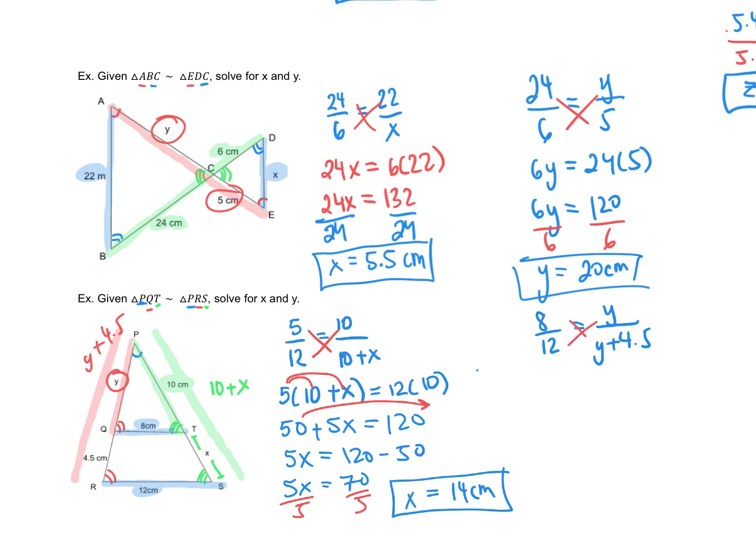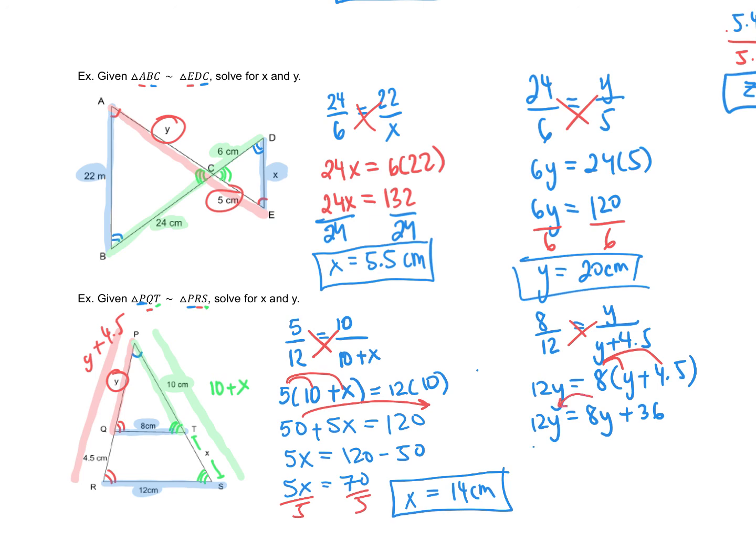So crisscross: the 12 goes with the y, the 8 goes with the y plus 4.5, which I put in brackets, which just tells me that later on I'm going to do some distribution. So 12y equals 8 times y, and 8 times 4.5, which is 36. I have y's on opposite sides of the equal sign, so I want to bring them together.